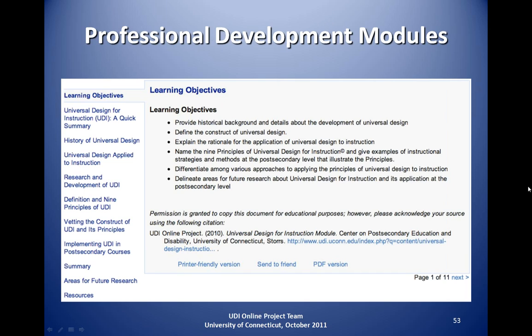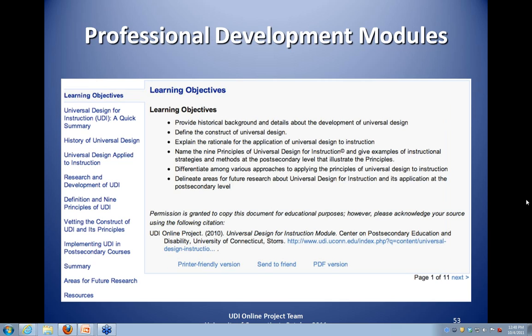This is just as we're talking about resources, wanted to draw your attention to the fact that we have professional development modules on the website. There are professional development modules on the history of UDI as it's applied to instruction, a module on learning disabilities, a module on attention deficit hyperactivity disorder, a module on legal mandates.